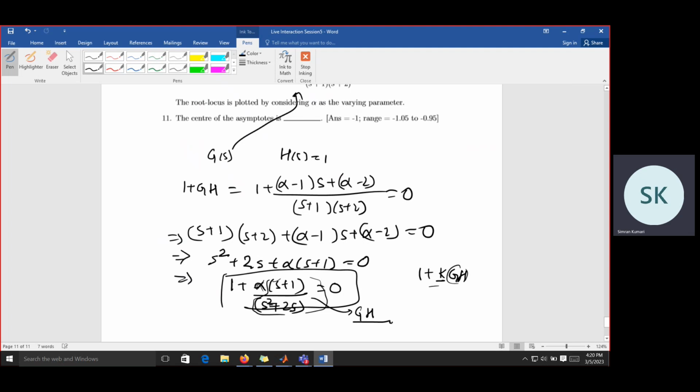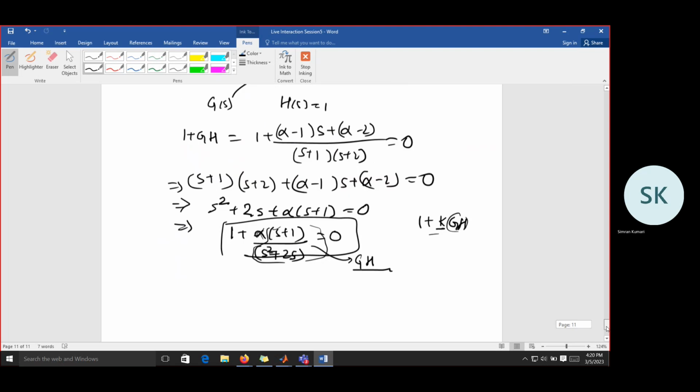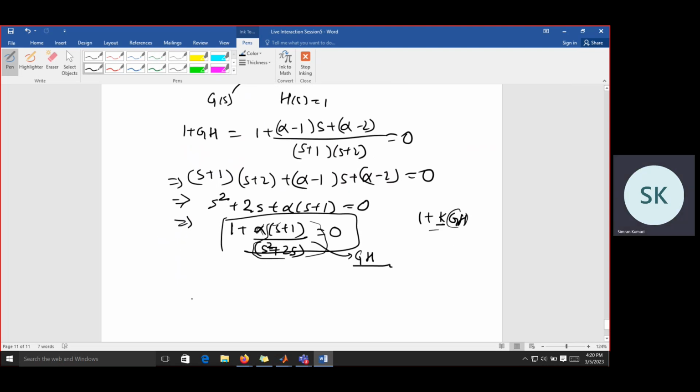From there, we can find the center of asymptotes, and this will be the sum of real parts of poles, which are 0 and -2, minus the zero, which is -1, divided by 2 minus 1. So this will give us -1. This is the centroid of the asymptotes.